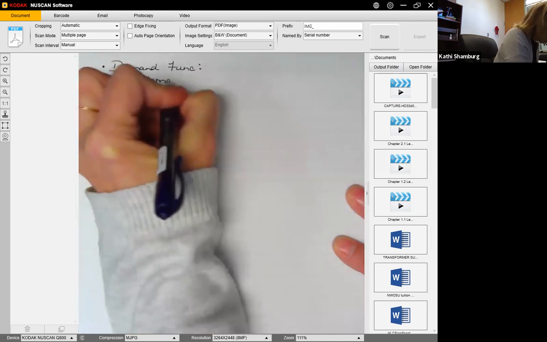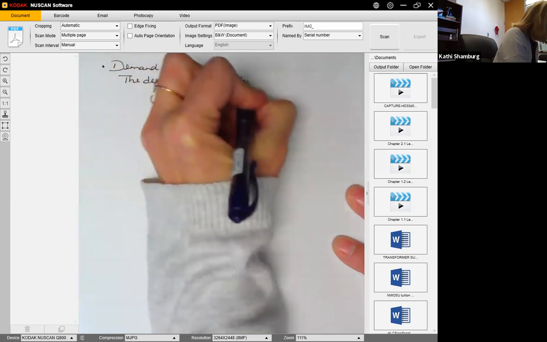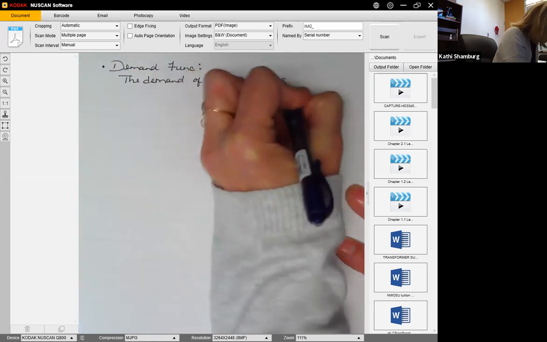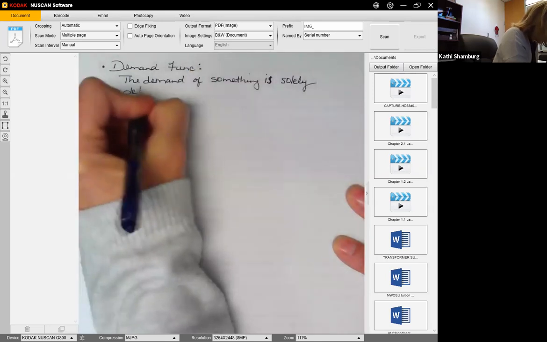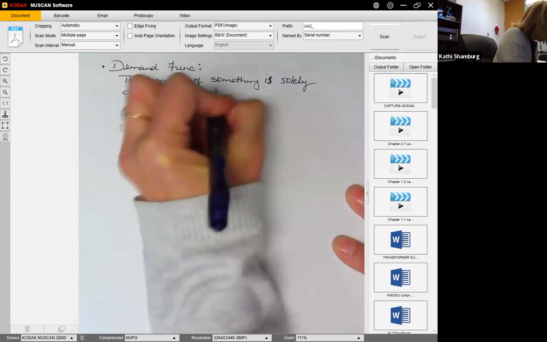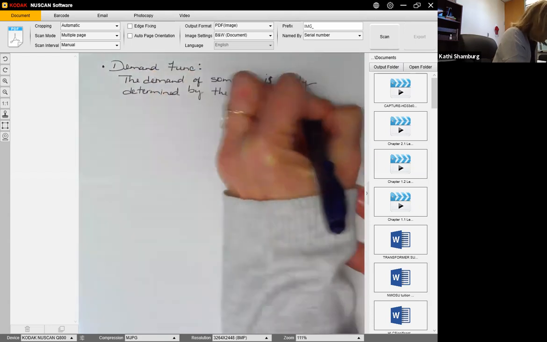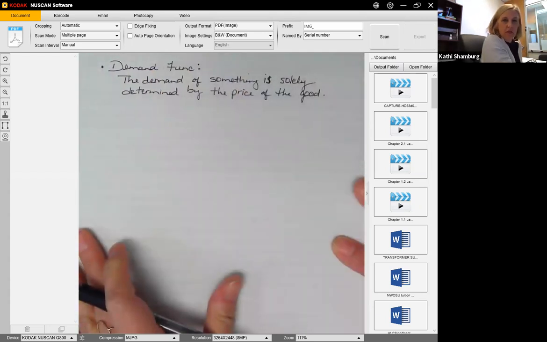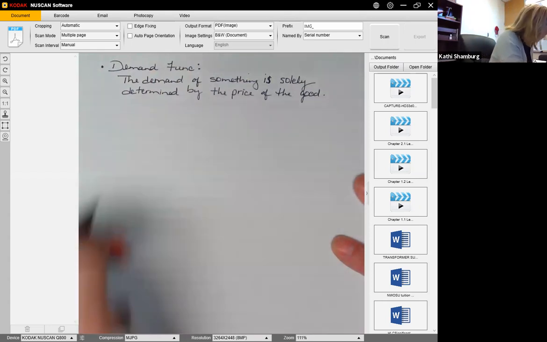The demand of something is solely determined by the price of the good.